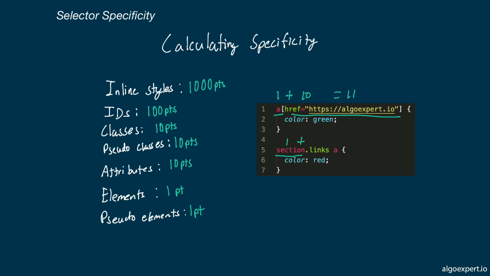And then it has the links class, which adds on another 10 points. And then we have the anchor tag element, and this gets 1 more point. If we add all of these together, we end up with 12 points, meaning that the second option has 12 points over the 11 points of the first option. So the second option is more specific, and the color of the anchor tag will be red.